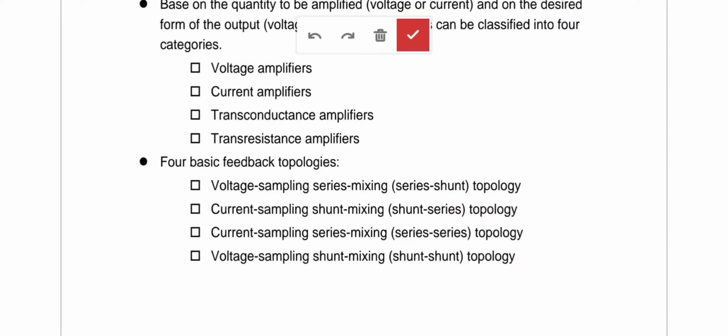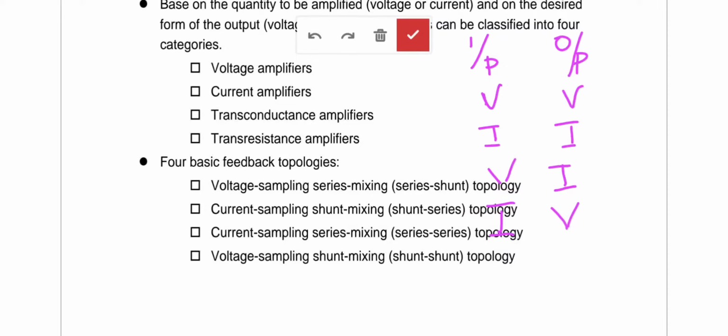This can be easily understood by this table. We have an input and we have an output. So input and output can both be voltage, both can be current, input voltage and output current, or input current and output voltage. So based on this we have the amplifier type.